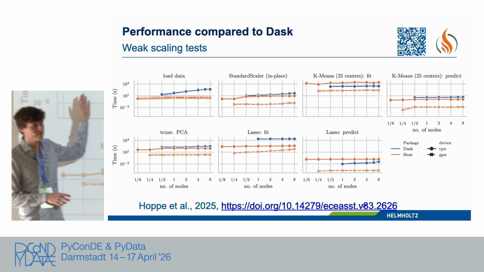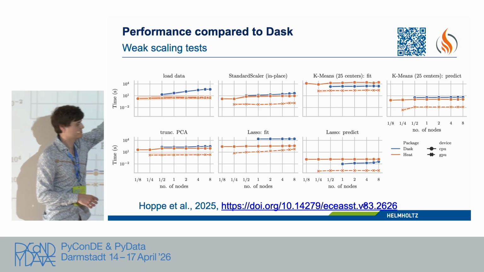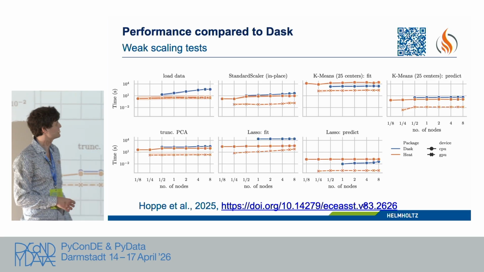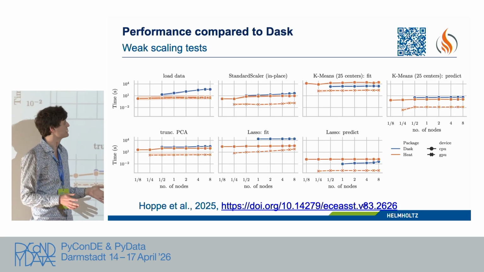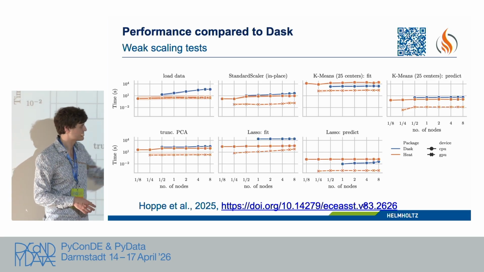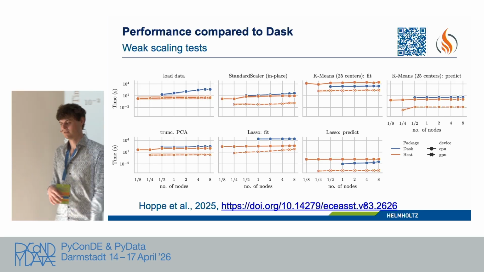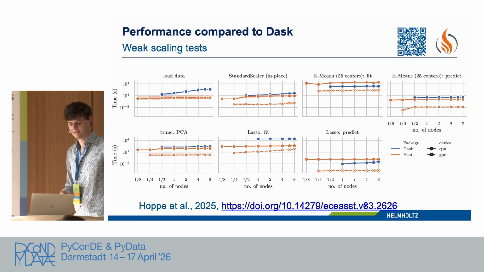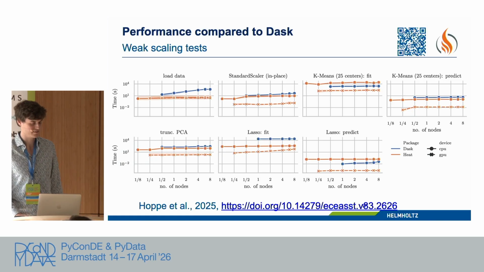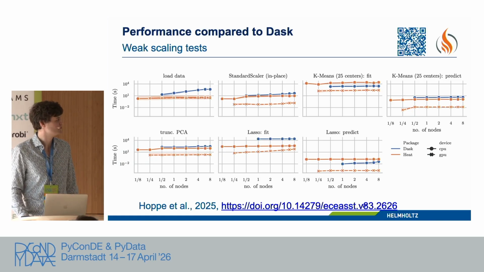So loading data with Dask, it keeps taking longer, and that's bad because eventually you will run out of time, whereas Heat, nice and flat. And then for most of these operations, Heat on GPUs is faster than Dask, which is limited to CPUs in these tests.